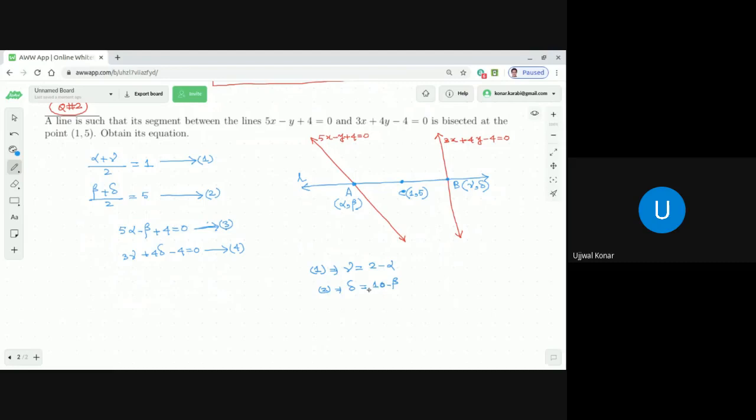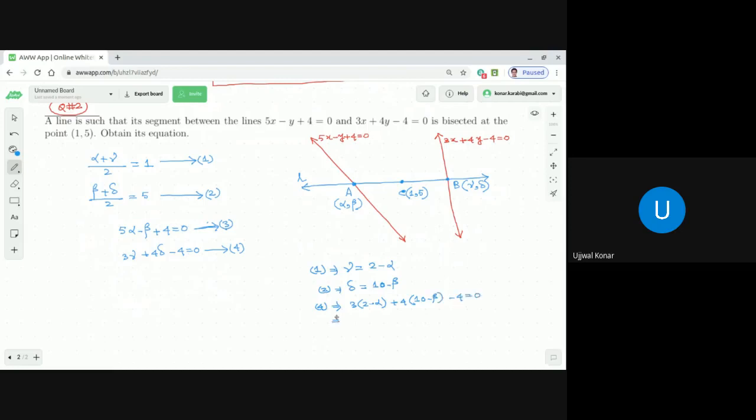Now this value of gamma and delta, which we just obtained in terms of alpha and beta, we can apply in equation 4. So equation 4 becomes 3 into (2 minus alpha) plus 4 into (10 minus beta) minus 4 is equal to 0.